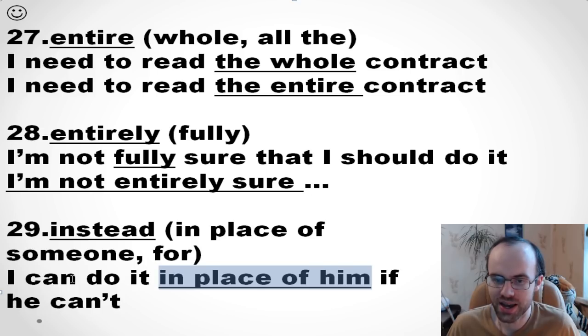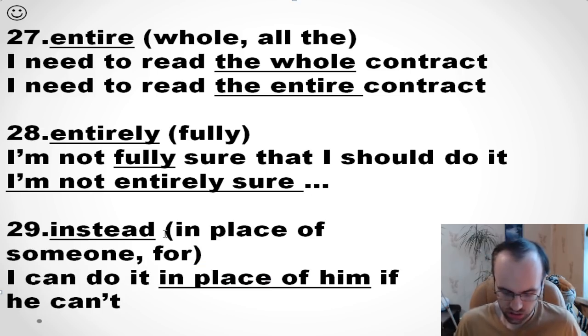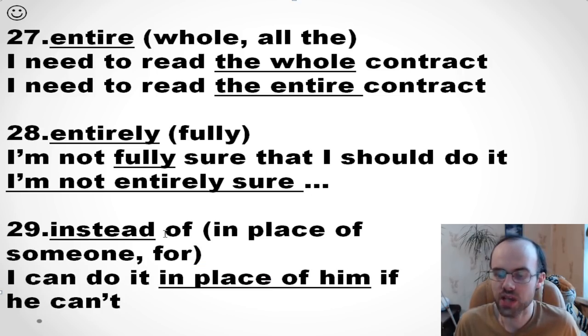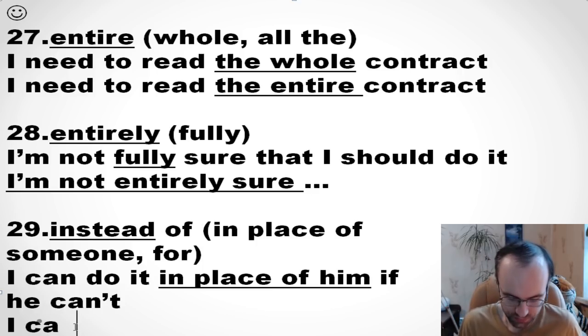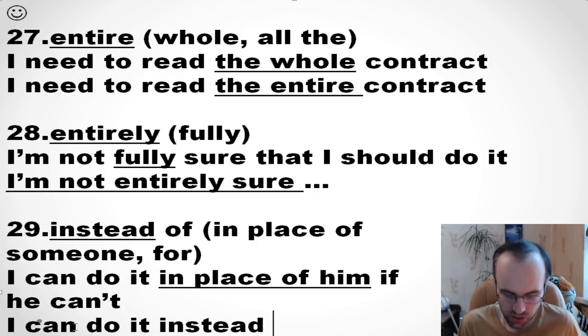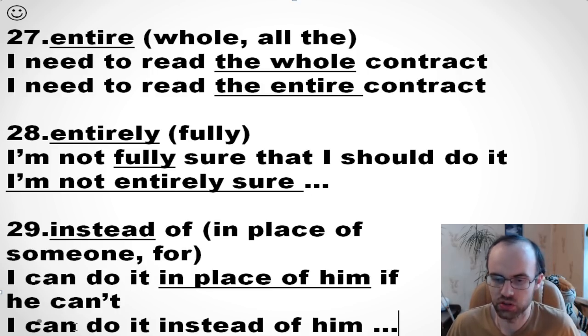Or you can say, I can do it instead of someone or something, so it will be I can do it instead of him. I can do it instead of him if he can't. It means that he can't, and not he, but I'll do it instead of him. Very good. Okay, what's next?